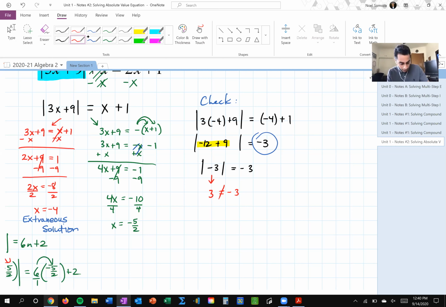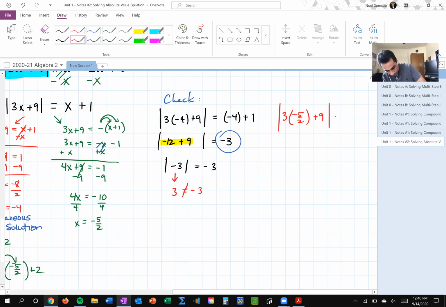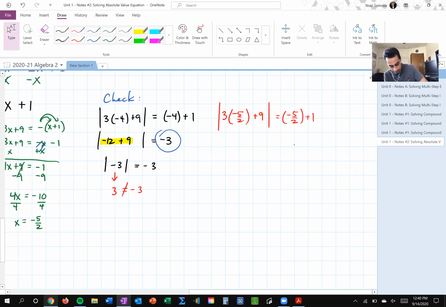Okay, so now we're checking the second solution. So we have 3 times negative 5/2 plus 9 inside absolute value, and then this will equal negative 5/2 plus 1. This is one of those times when decimals are probably a little bit easier. I'm just going to do the outside. Watch this.